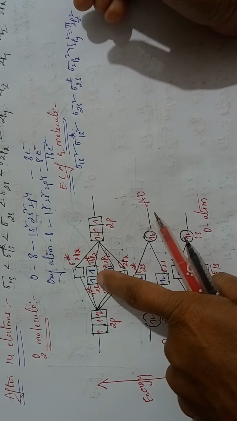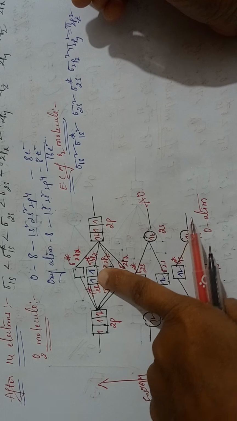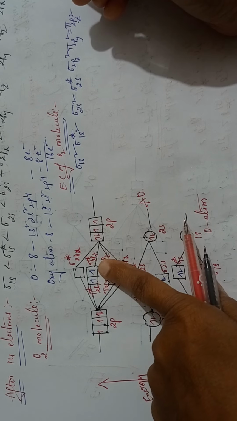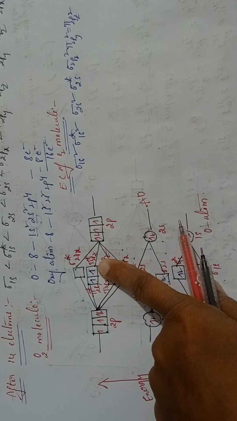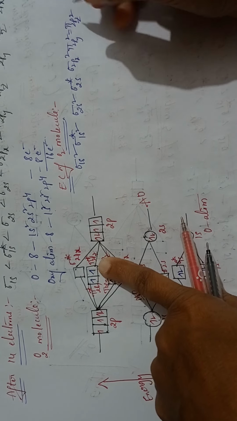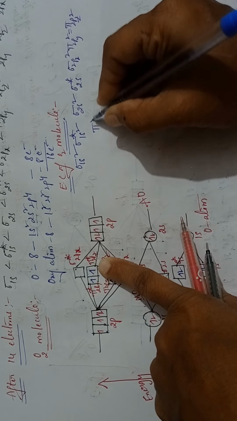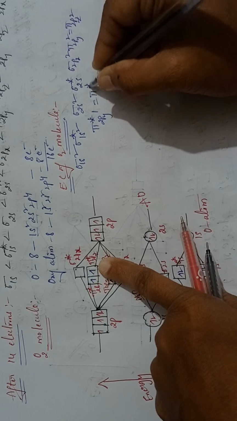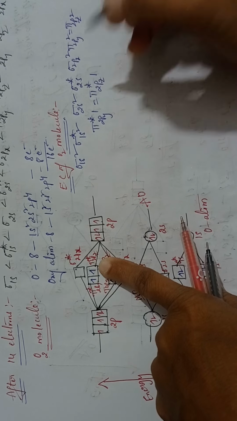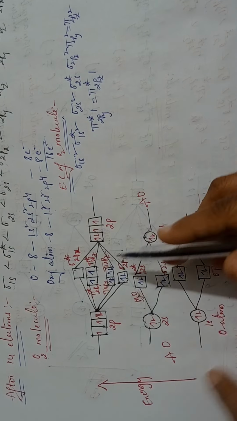Clear? In pi star 2py 1 electron, in pi star 2pz how many electrons, students? 1 electron. So here I am writing pi star 2py 1 equal to pi star 2pz 1.